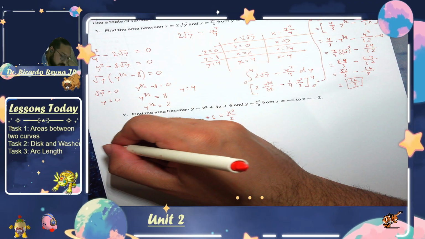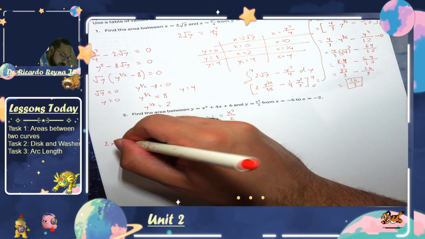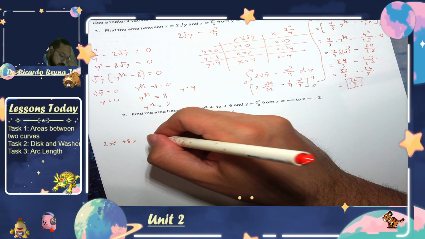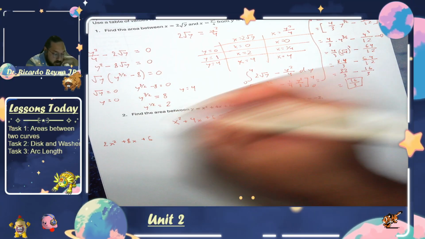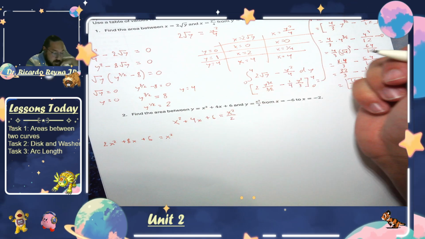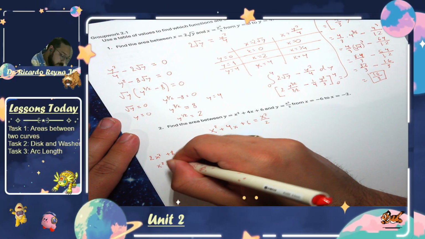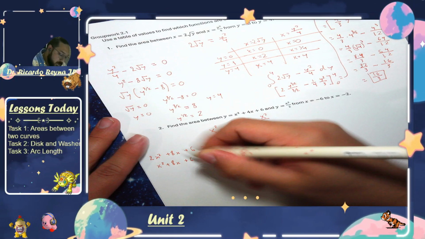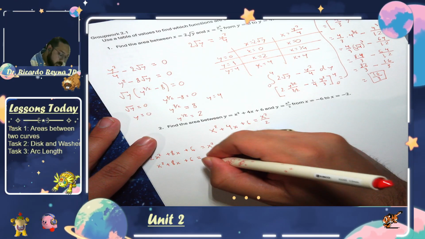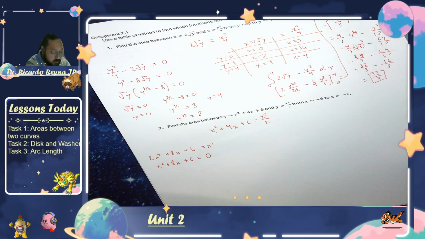We got 2x squared plus 8x plus 6 is equal to x squared, and then we subtract an x squared. So we got x squared plus 8x plus 6 is equal to 0.